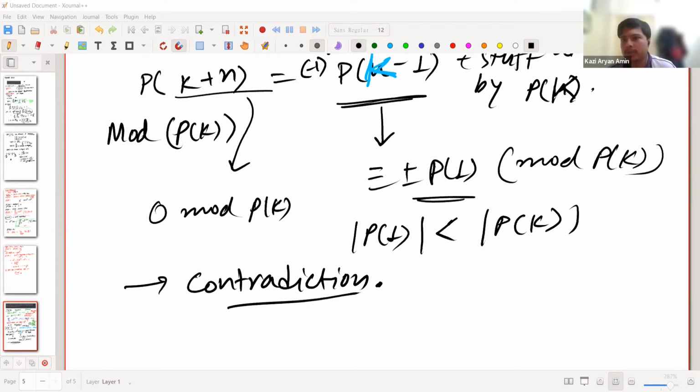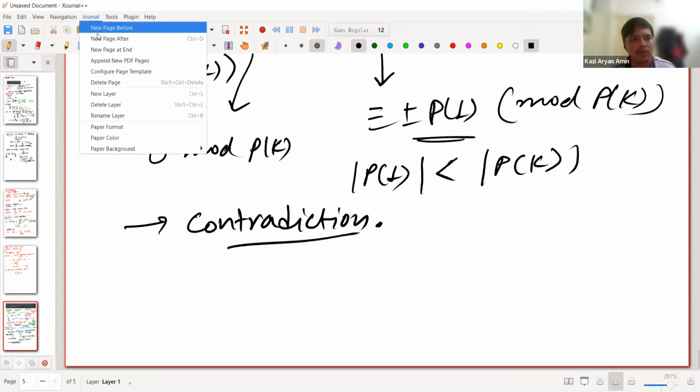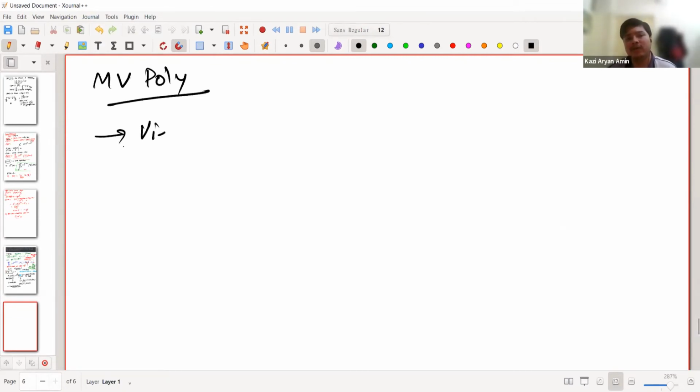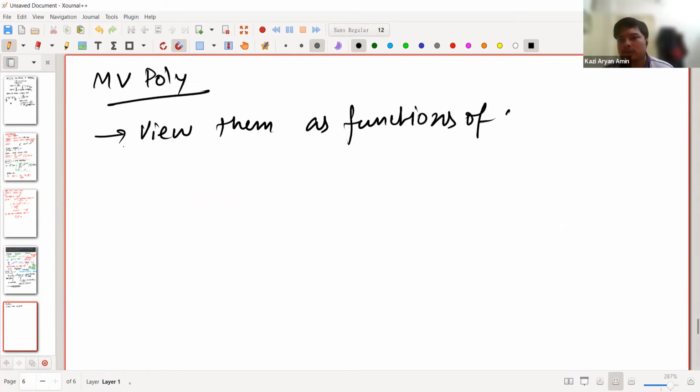I'll start by giving a problem on multivariate polynomials, but it's not really quote unquote multivariate. It's more about understanding how to factor and stuff. Some ideas I've found useful with multivariate polynomials: view them as functions of one variable, which generally works very well.